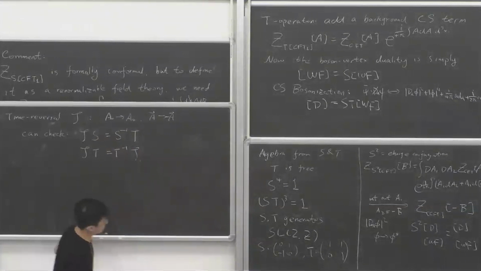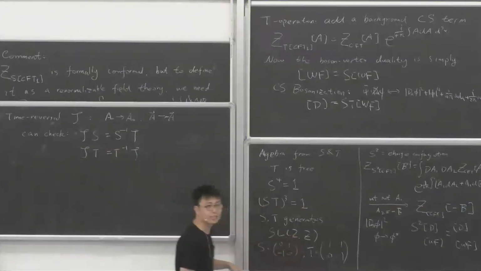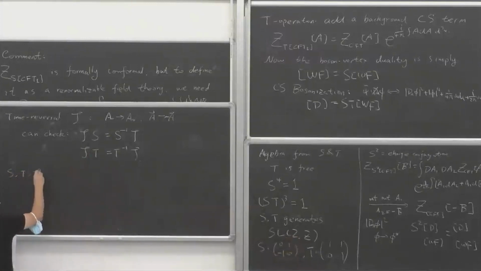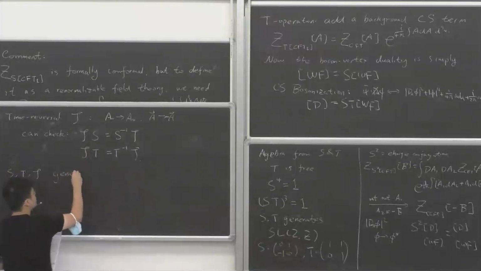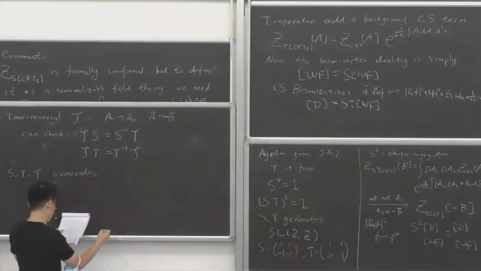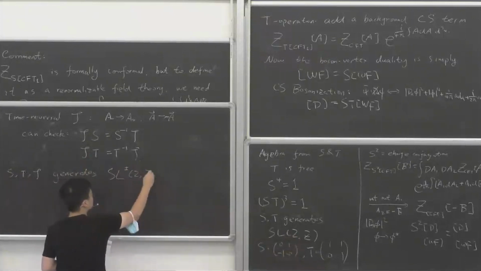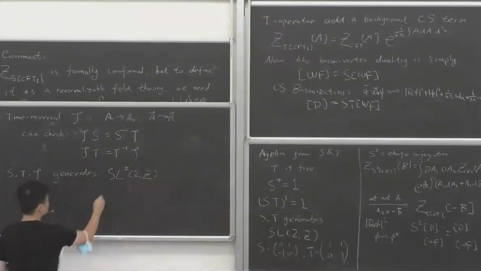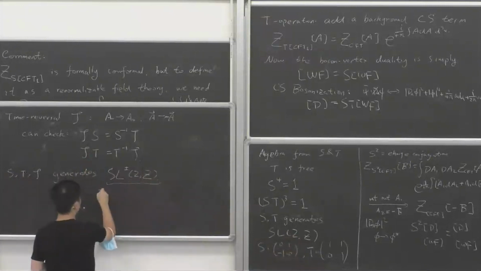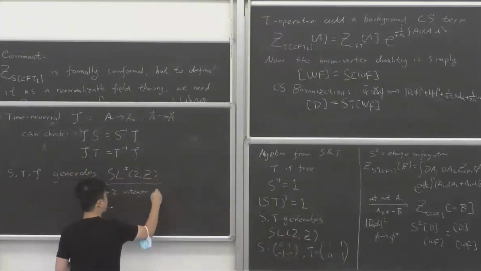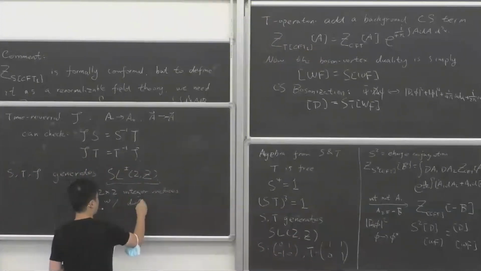So now, as I said, S and T generate SL2Z, and then you can ask, what if you put in this time reversal, what does it generate? Well, S, T and time reversal generate what's called SL plus-minus 2Z. These are 2 by 2 integer matrices with determinant equal to plus or minus 1.